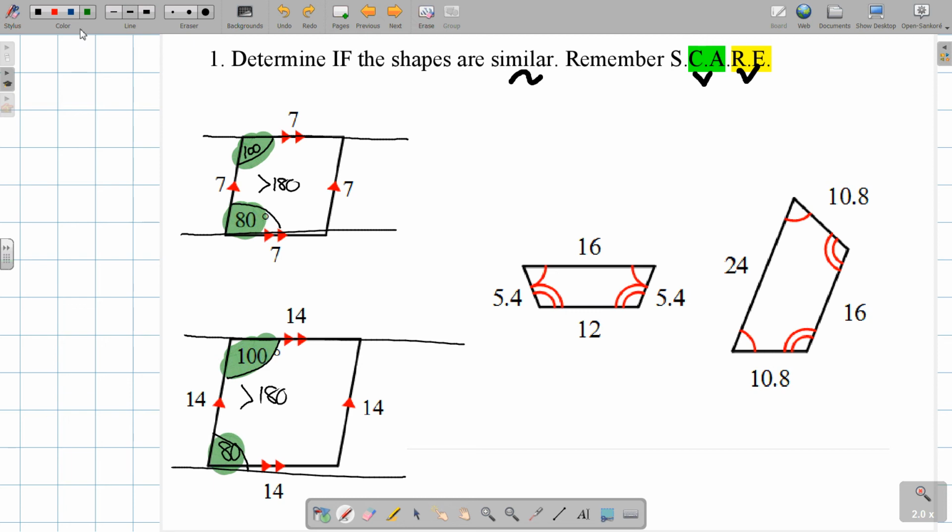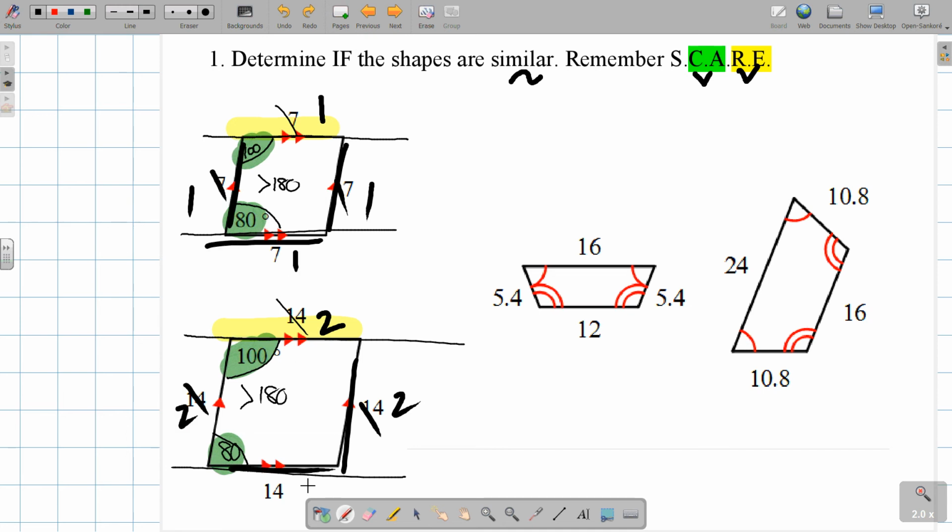Now you check side ratios. 7, 14. It's a 1 to 2 ratio. You check all the way around, and of course, you see it's a 1 to 2 all the way around. So we would say these shapes are similar. Yes, they're similar.